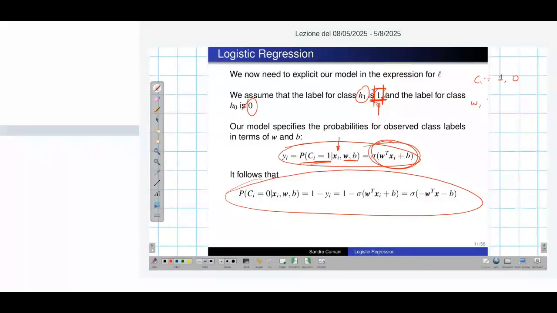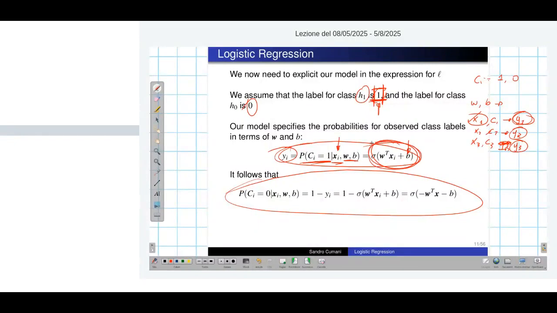So if we have W and B, we can take our data set and associate to every sample a value Yi, which is the probability of class 1 given Xi. So Yi will be a value that for each sample Xi gives us the probability that the sample is from class 1 given that corresponding feature vector and the model parameters.